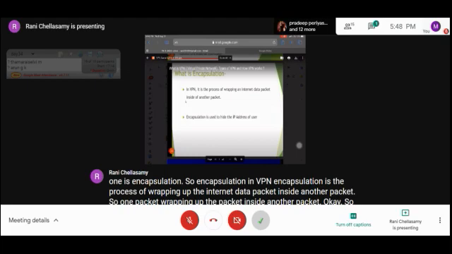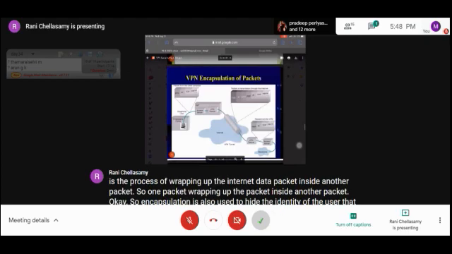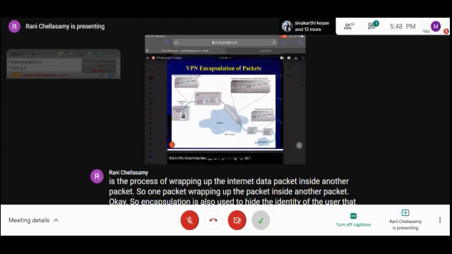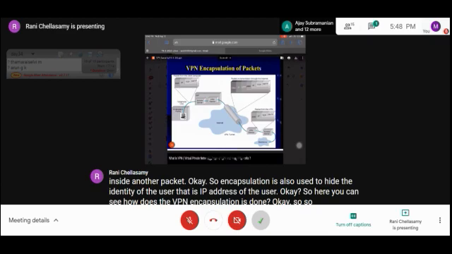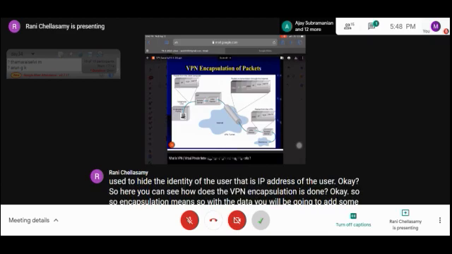Okay, so here you can see how the VPN encapsulation is done. Encapsulation means that with the data you are going to add some headers. At the application level you will be adding the header of the application level.